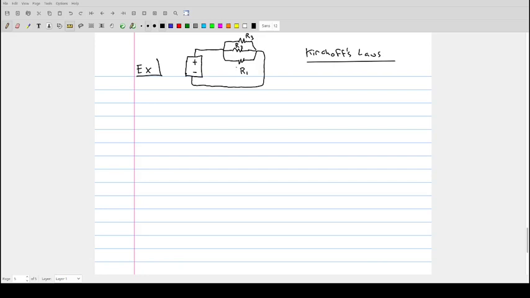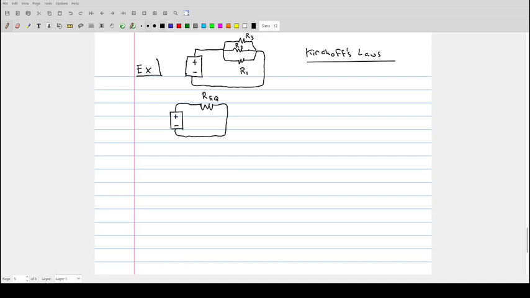We can actually replace this circuit right here with a different, simpler circuit with one resistor on it, one resistor of a resistance called Req, where Req is the equivalent resistance of all of these resistors.